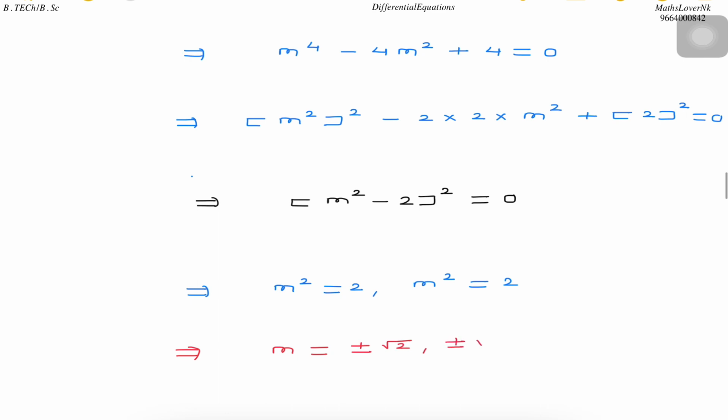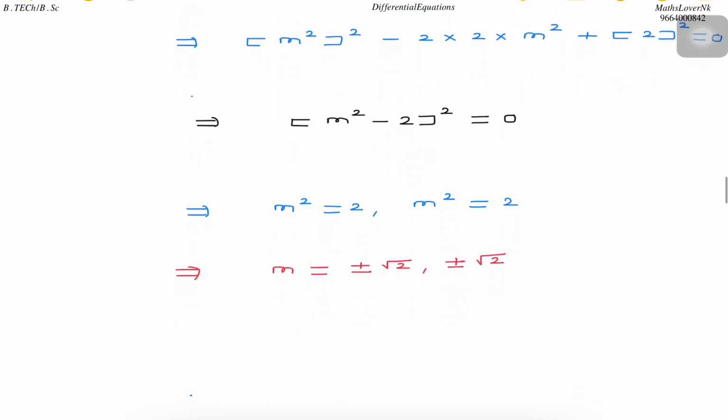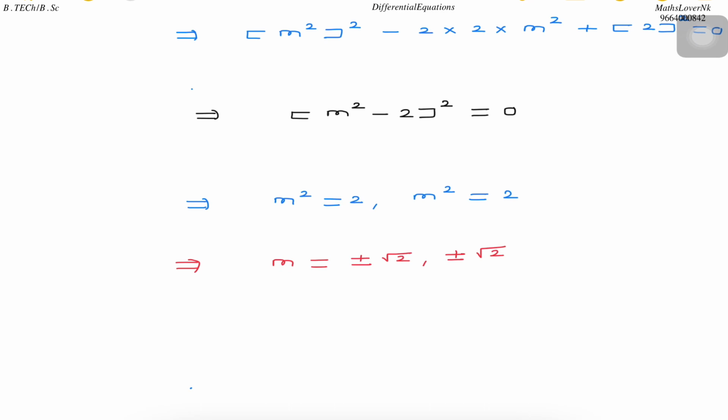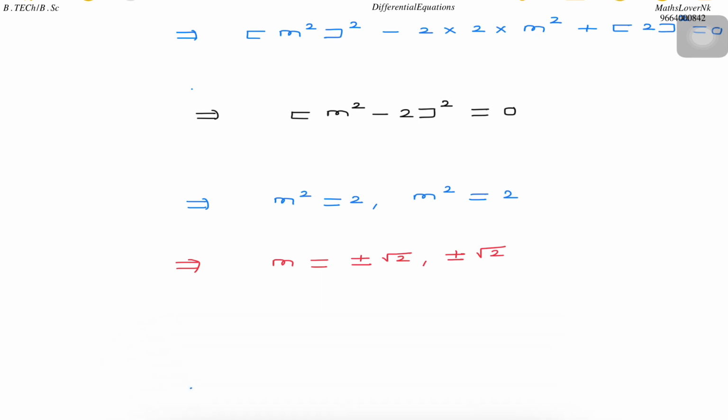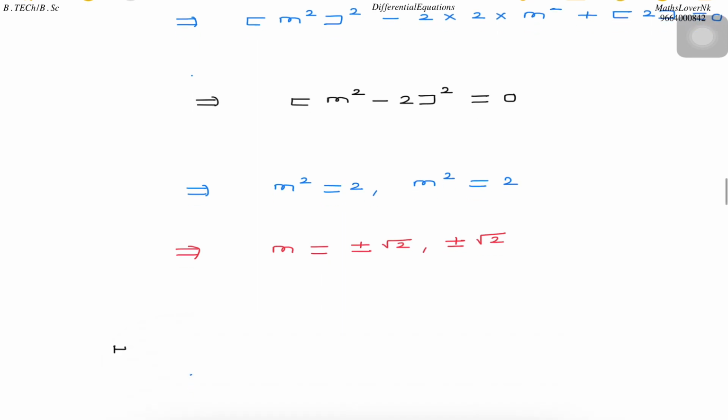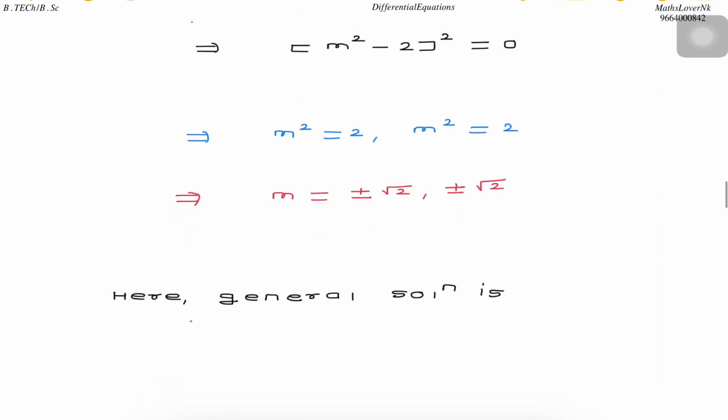Now the general solution, GS, is given by the following. We know that when two roots are equal to a, the solution is given by y equal to (c1 plus c2x) e^(ax).